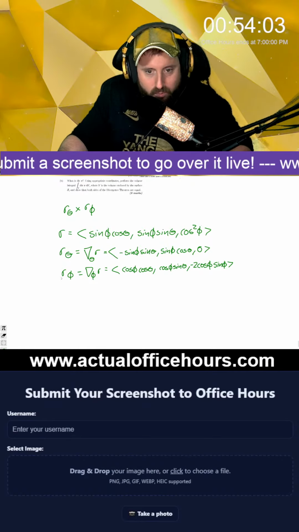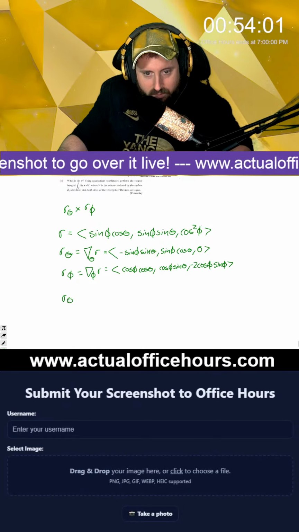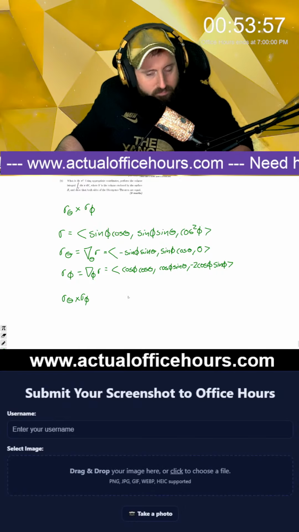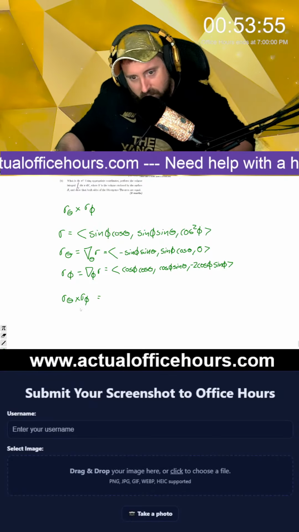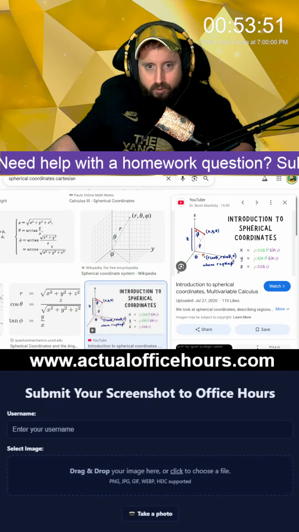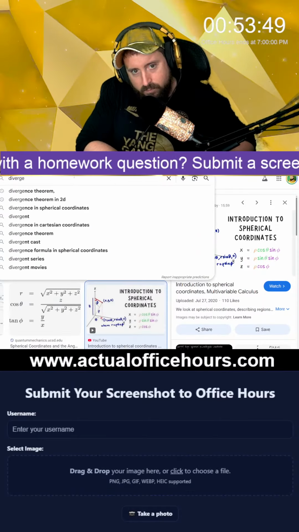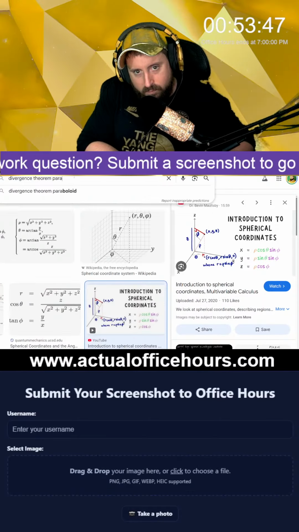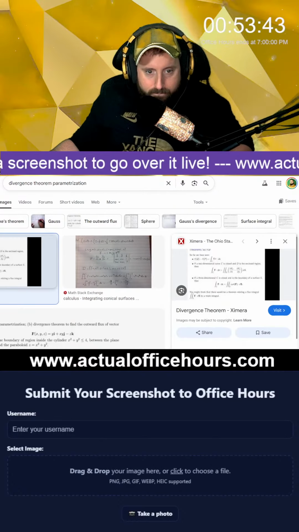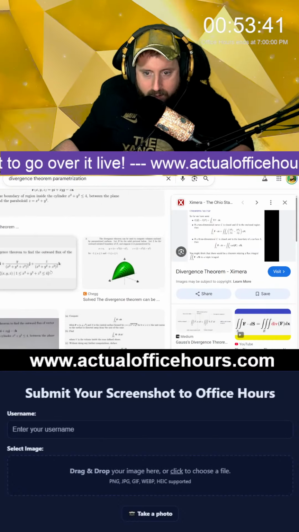So then you have to do, I think it's r theta cross r phi, right? This is like the Jacobian thing. Yeah, where is this? One sec. This is the divergence theorem. It's not that.